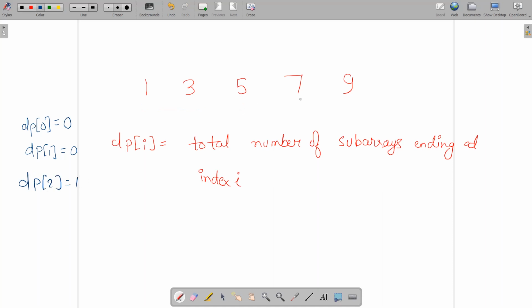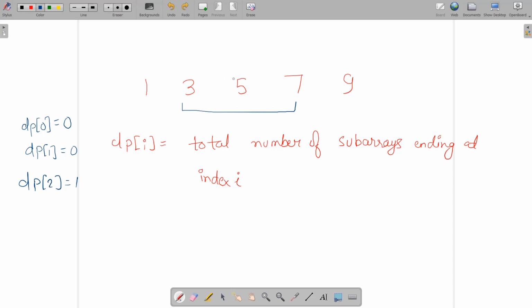Okay, now let's talk about this position. Again, you will first decrement it up to this position. Now you will check the difference, 7 minus 5 and 5 minus 3, which is again the same. So you will increment the count by 1, but your subarrays can also be of greater length, more than 3.